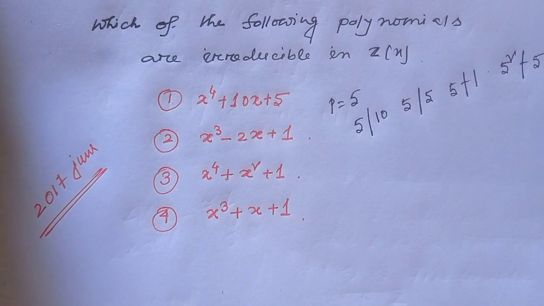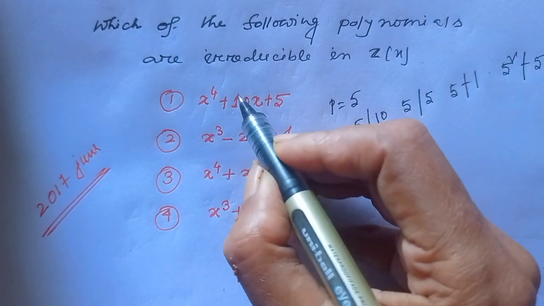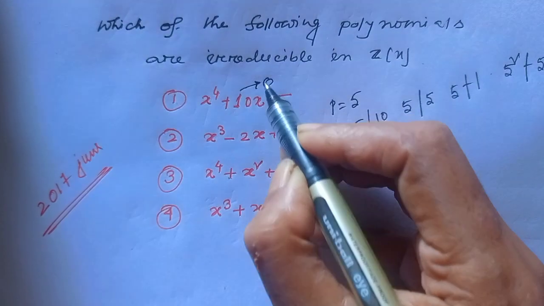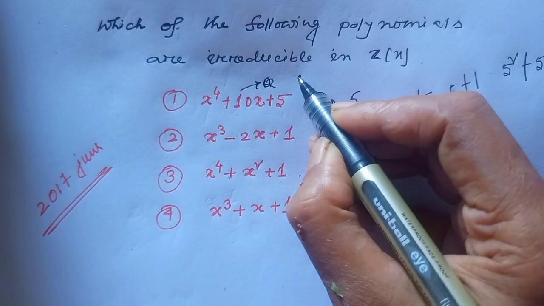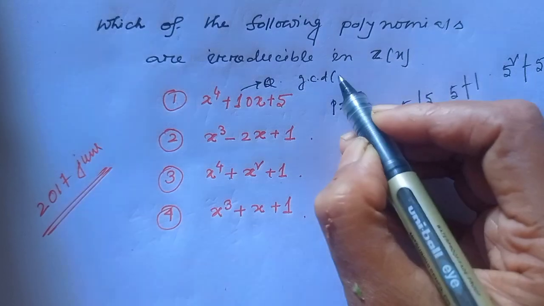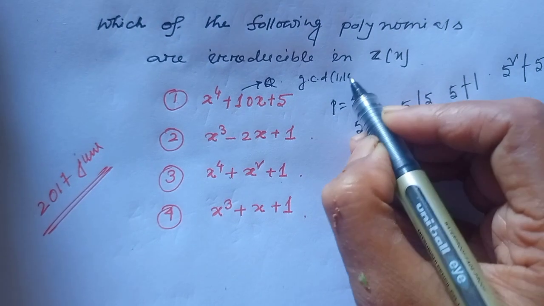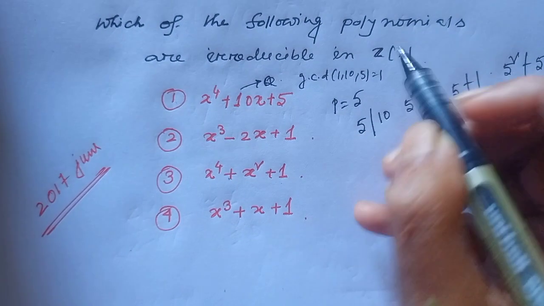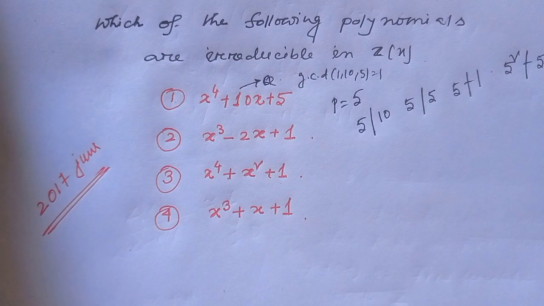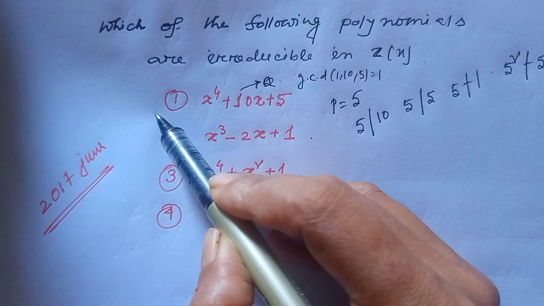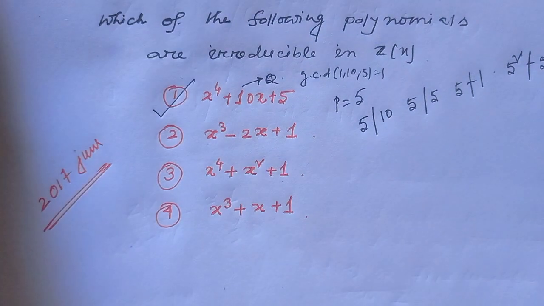So by the irreducibility test, this is irreducible in Q, and since the GCD of the coefficients 1, 10, 5 is 1, this polynomial is irreducible in Q[x], also Z[x]. Option 1 is the right option.